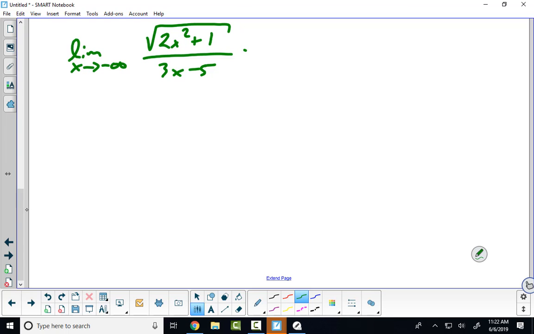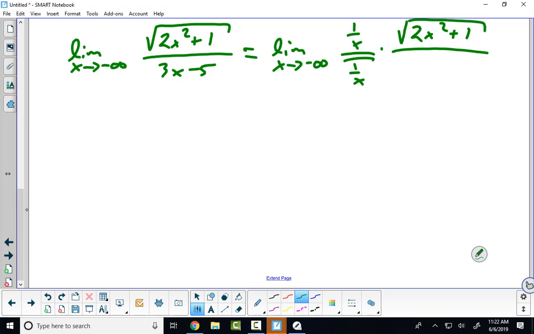So our first trick is the same, right? We do 1 over x divided by 1 over x. Okay?